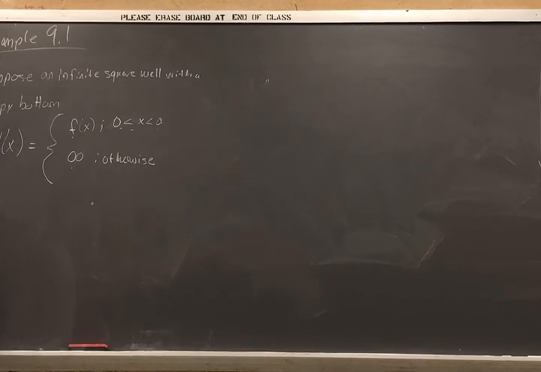So let me just draw that out, right? We have this infinite square well, so we have infinite out here, it's infinite out here.